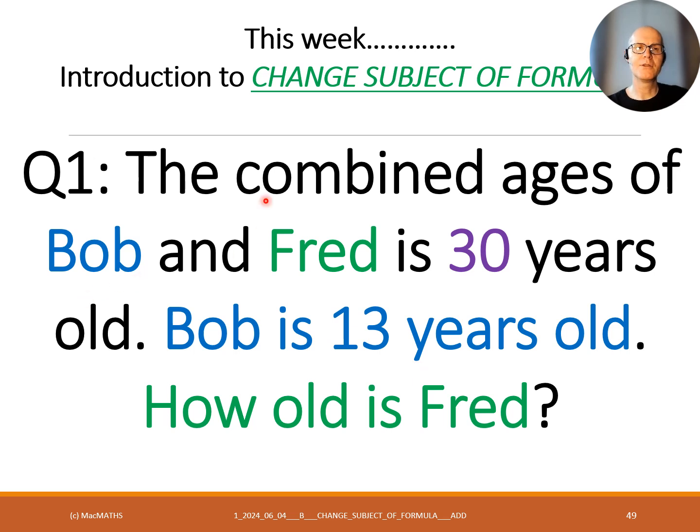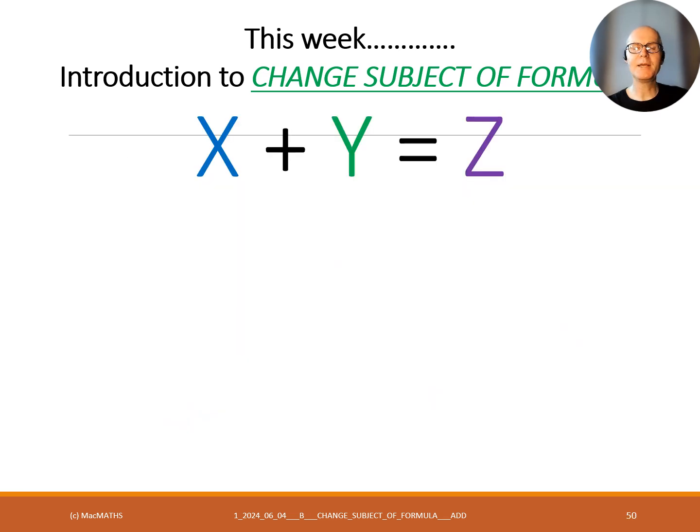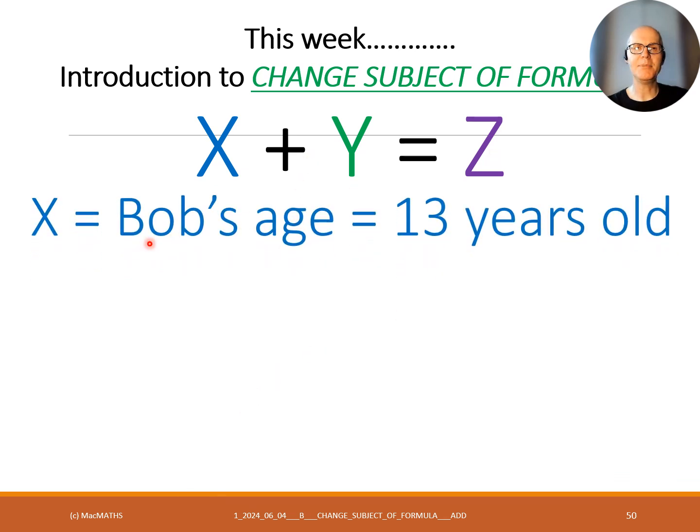So the combined ages of Bob and Fred is 30 years old. We're given that Bob is 13 years old. But how old is Fred? If we convert that into a formula, x plus y equals z, x being Bob's age, which we're given in the question, 13 years old.